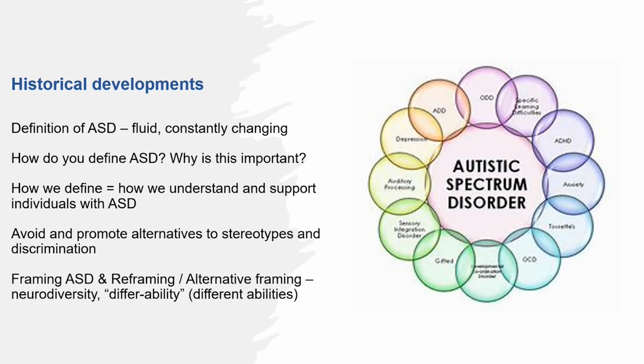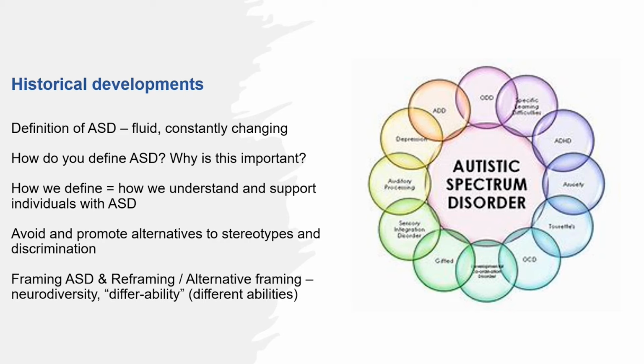So it's very important that we understand autism and we're able to provide a very clear definition of what autism is, because this definition determines how we understand the condition and how we support individuals who have autism.